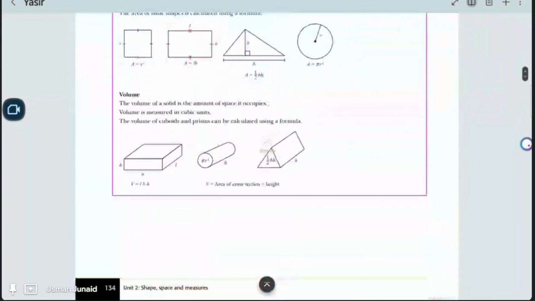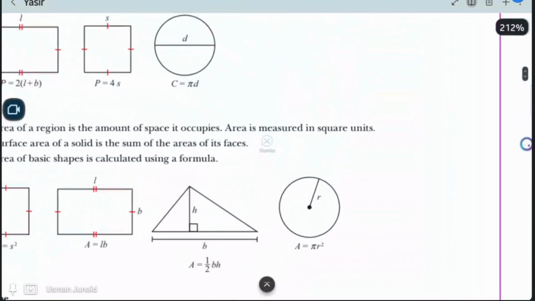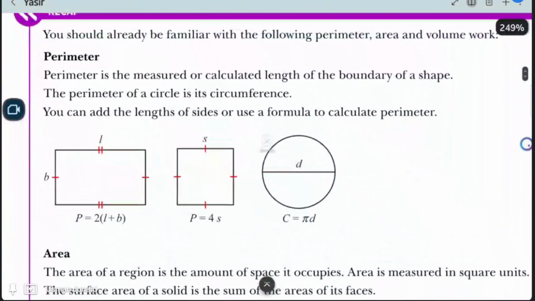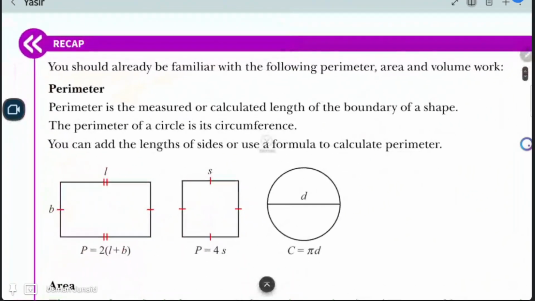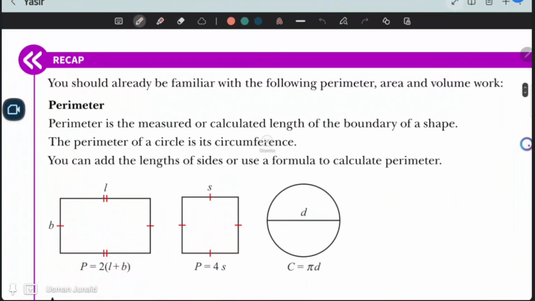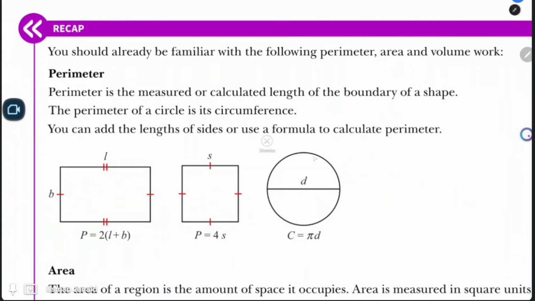Okay. So here are some basic shapes. Talking about perimeter. Perimeter is the surrounding or boundary of a shape. So boundary of a shape meaning the outer.